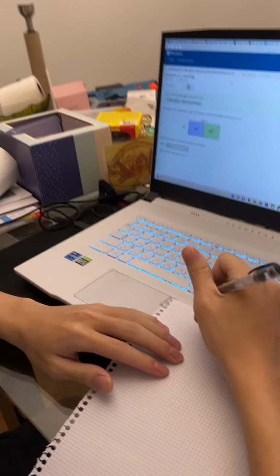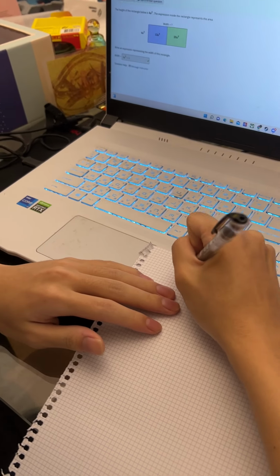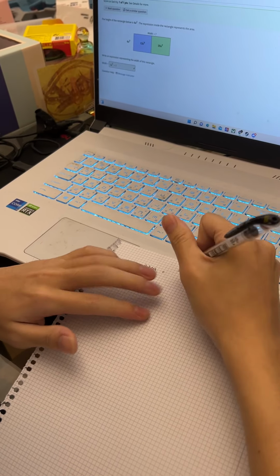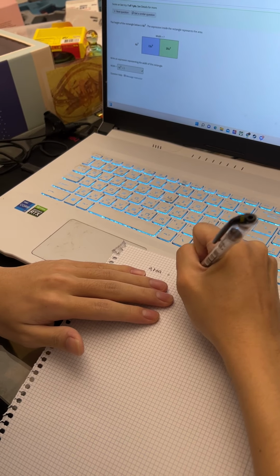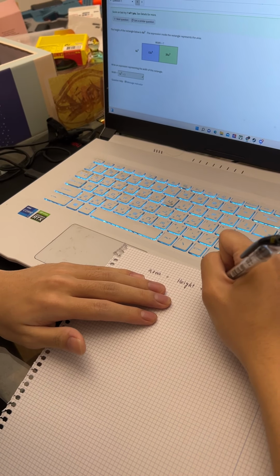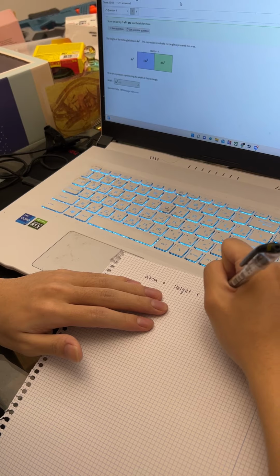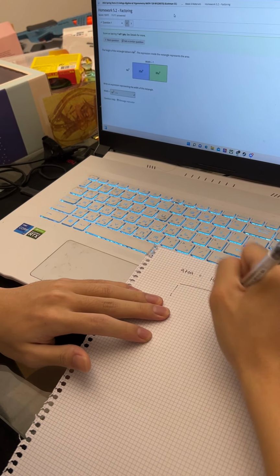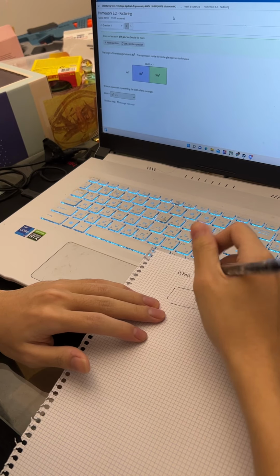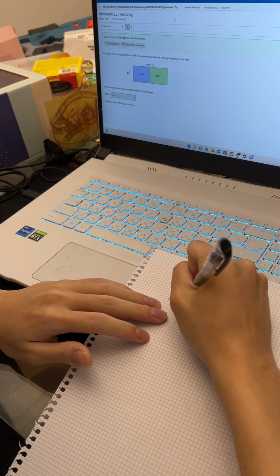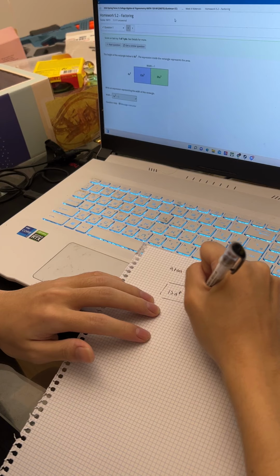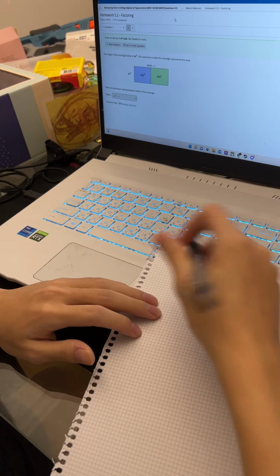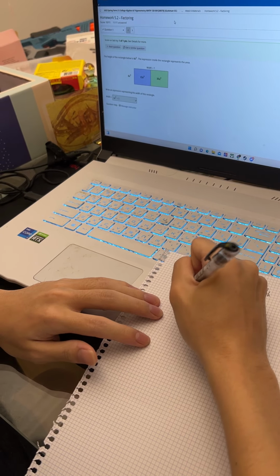We already know that the area equals the height times the width. The two rectangles have areas of 12a to the 8th and 20a squared, and the height is 4a squared.